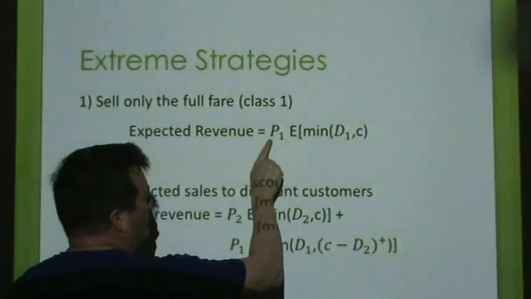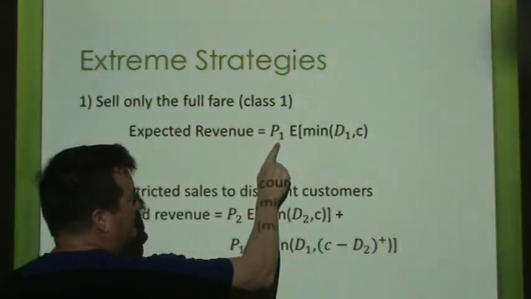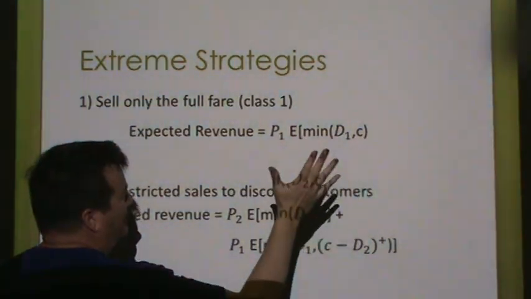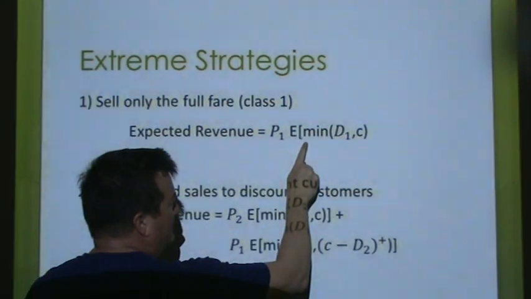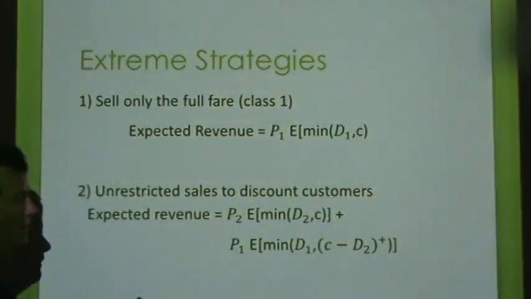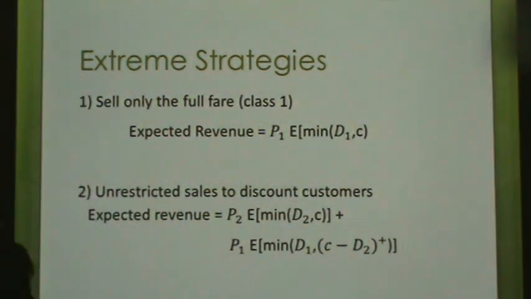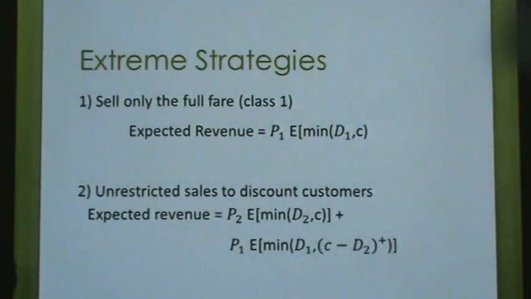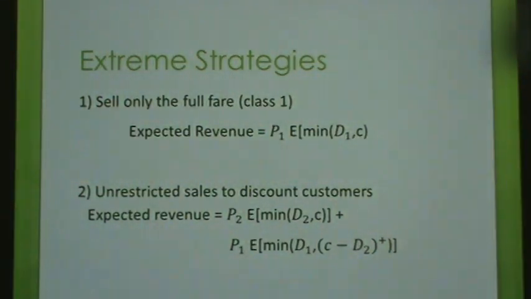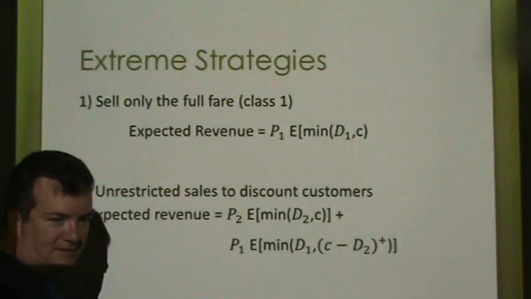So the expected revenue would be the high price, maybe $699, times the expected number of people who will show up. Let's say for example the plane holds 100 seats, and 120 people want to buy a seat.